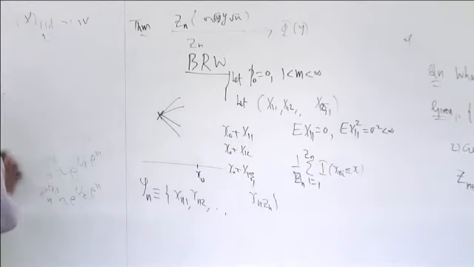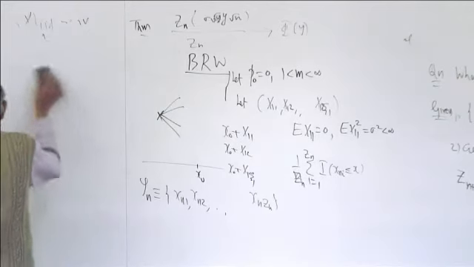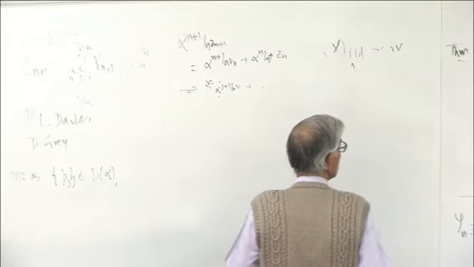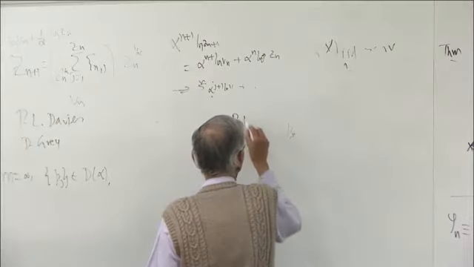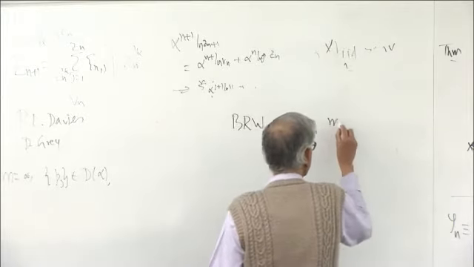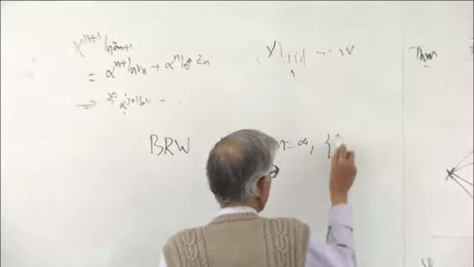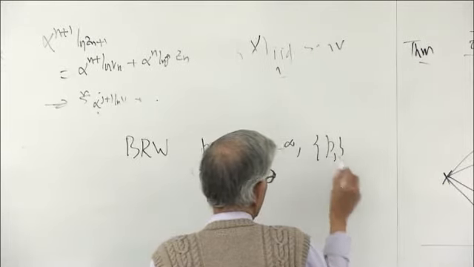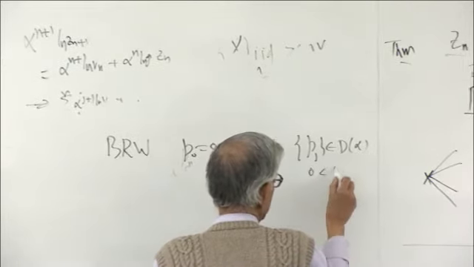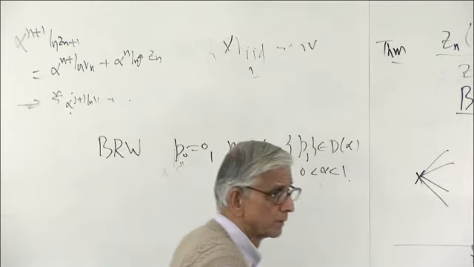One last result that I want to state is what happens in the explosive case. So again, take the branching random walk, with p_0 equal to 0, m equal to infinity, and the offspring distribution {p_j} belonging to the domain of attraction of a stable law of order alpha, 0 less than alpha less than 1.